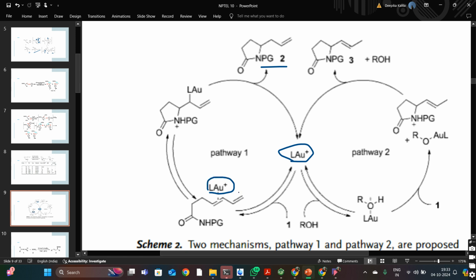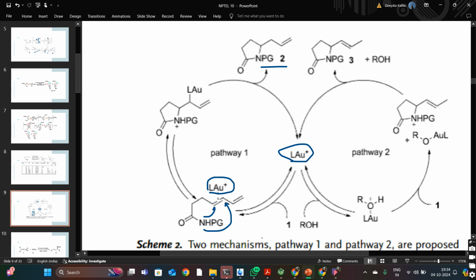Okay, in this way. So you see here the cyclization can take place either at this carbon or at this carbon. Okay, so you have a possibility of getting either a 5-membered ring or a 6-membered ring.